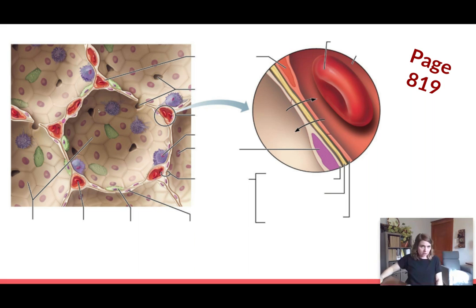And then they sort of curve over. This is a 3-dimensional structure. And these have a single cell squished structure. Remember what type of tissue was one cell thick and squished? Simple squamous epithelial. So these are our simple squamous epithelial tissue that lines the sacs of the lungs.